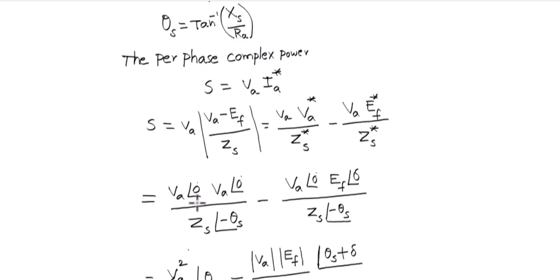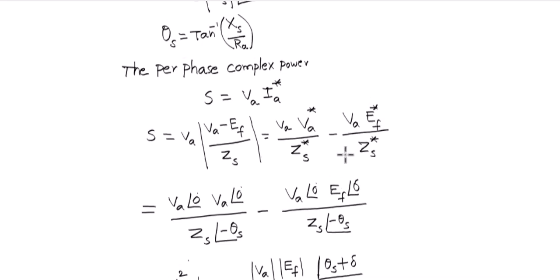So this VA can be written as VA at an angle of 0 degrees, because 0 degrees does not have a minus or plus sign. So divided by ZS, already defined as ZS at an angle of theta S, but here ZS star means complement, that is ZS at an angle of minus theta S, minus VA at an angle of 0 into EF at an angle of delta, divided by ZS at an angle of minus theta S. Here EF is written as EF at an angle of minus delta.